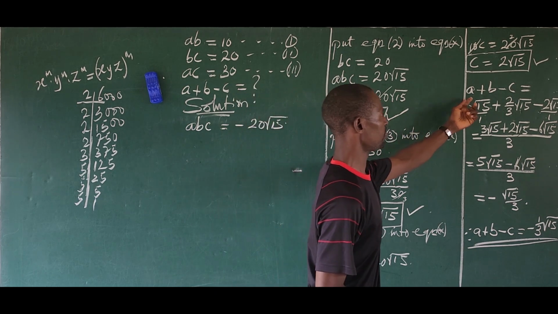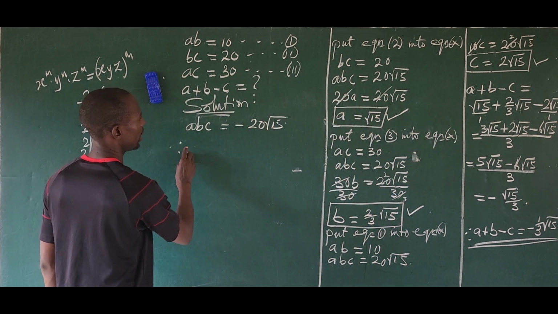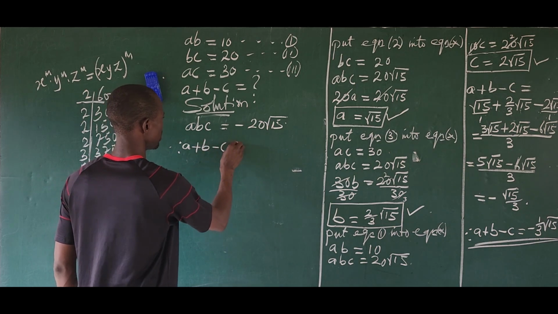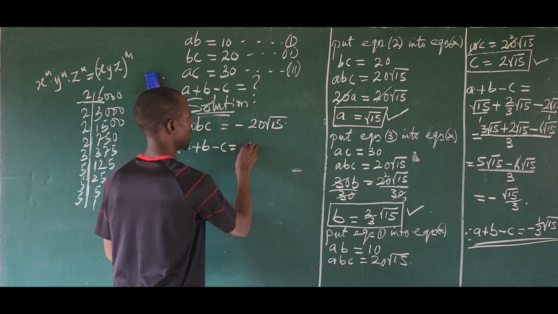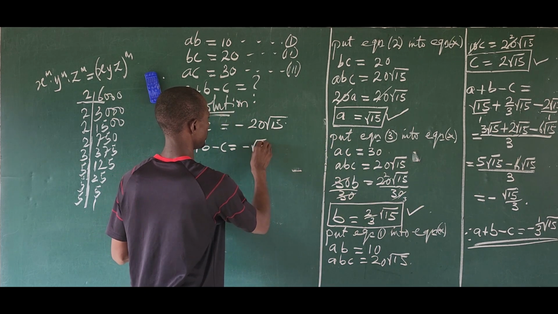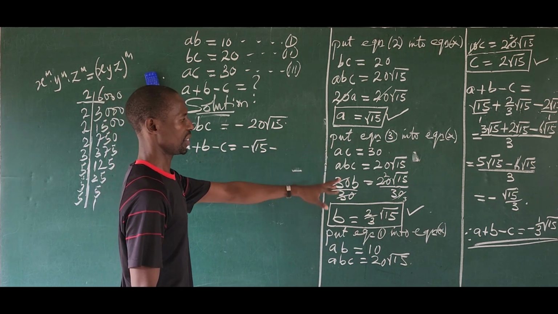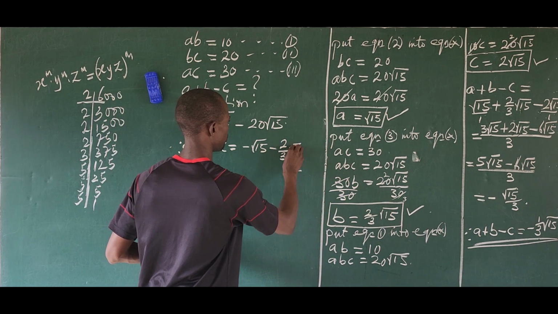So if we compute these expressions, we're going to have A plus B minus C. A is going to give us minus root 15, then minus B, we have 2 all over 3 root 15.